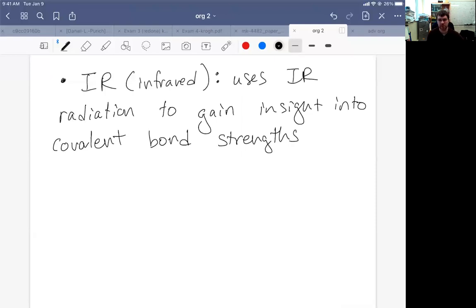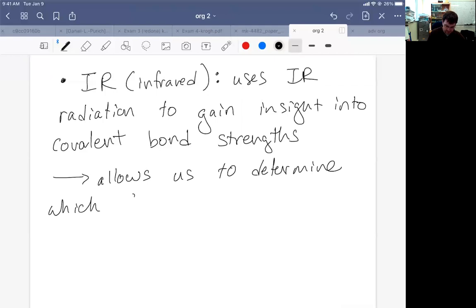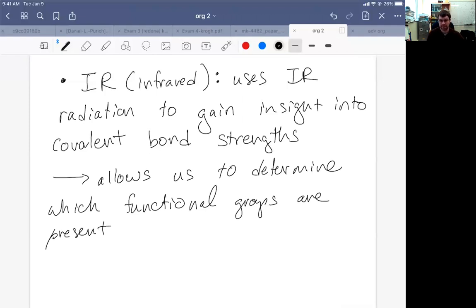We didn't do too much in terms of lecture, but we did a lot in the lab related to IR spectroscopy. So this gives insight into covalent bond strengths and allows us to determine which functional groups are present. As I mentioned, we talked about that quite a bit.